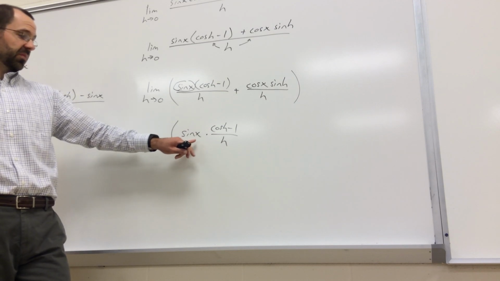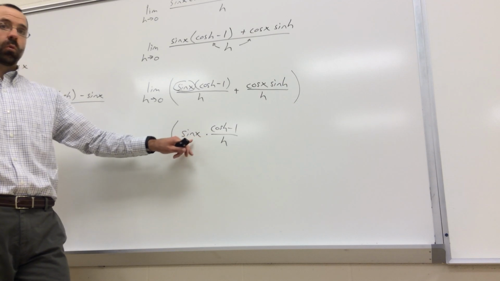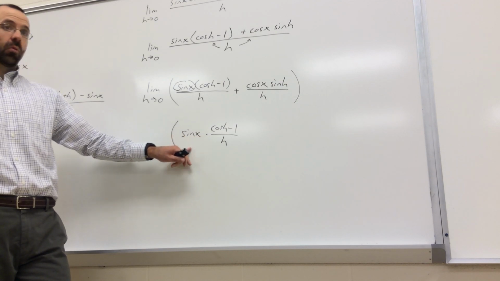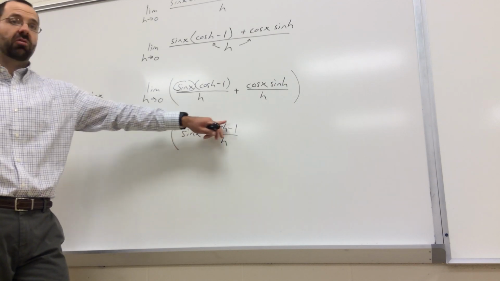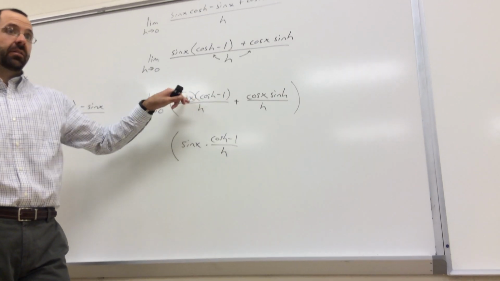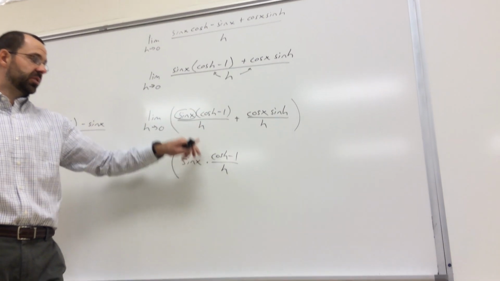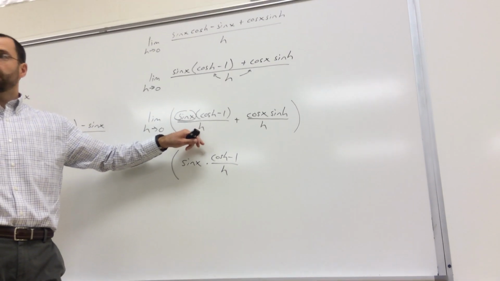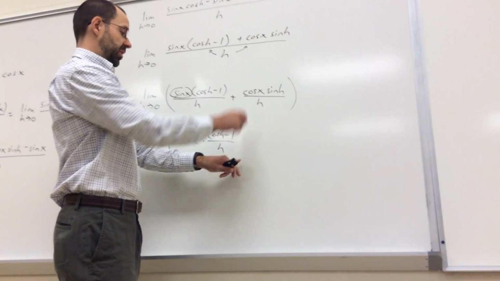What I'm doing there is thinking of sine of x as sine of x over 1. If that was over 1, then you would just multiply across the tops and get that, and if you took 1 times h, you would get h. And then I'm going to do the same thing with the cosine over here.